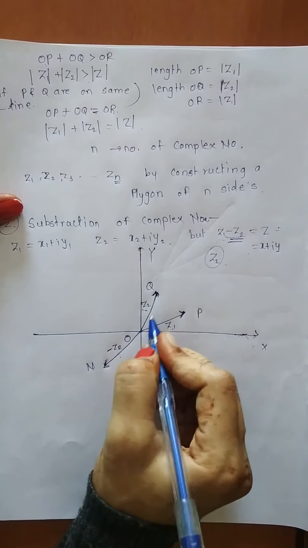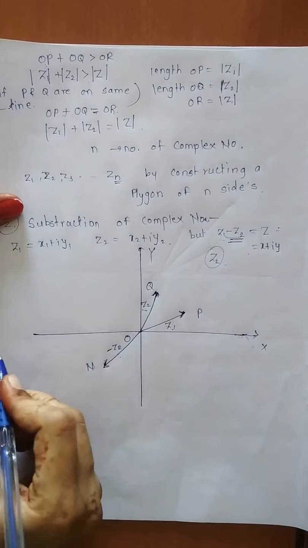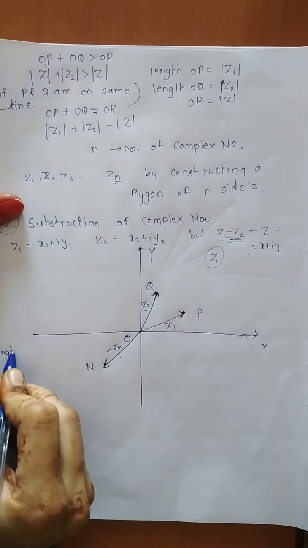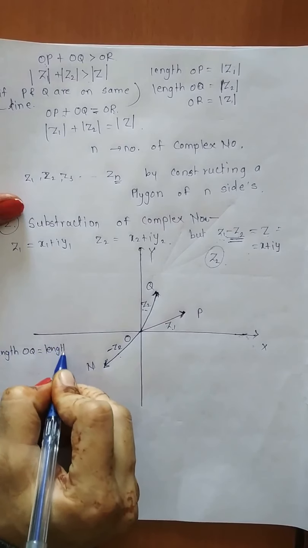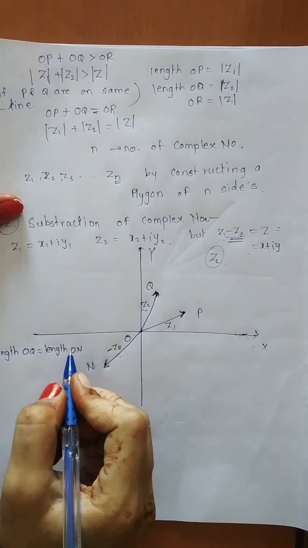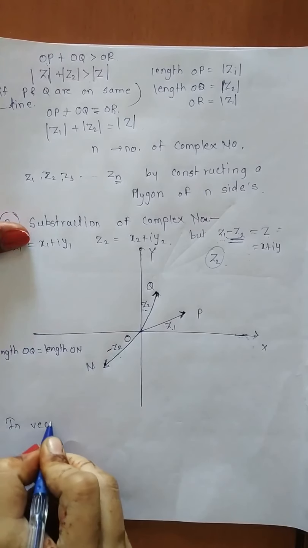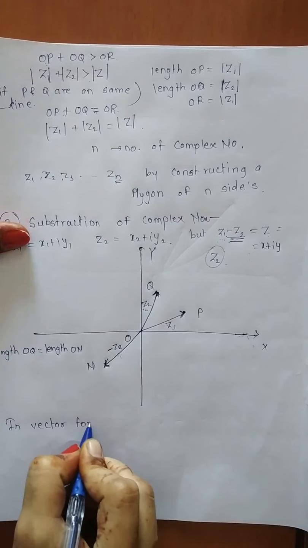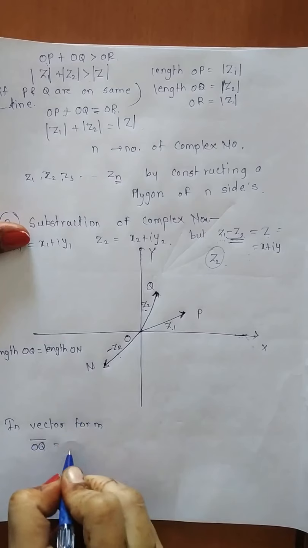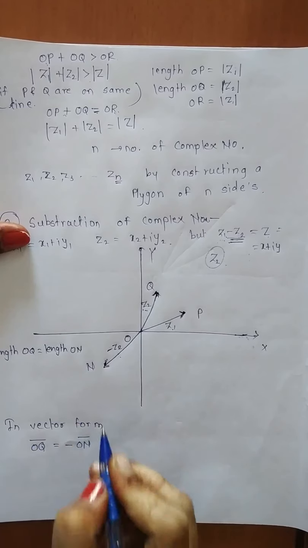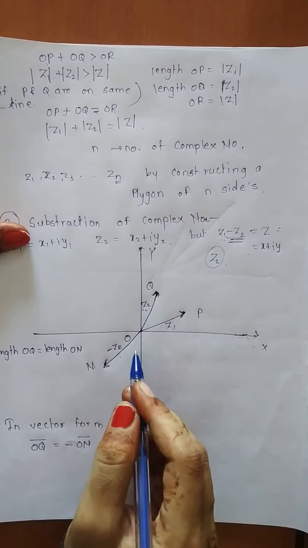That means this length OQ and ON are equal. Length OQ equals length ON. And if we are talking in vector form, vector OQ bar will be equal to minus ON bar, because these two vectors are in exactly equal and opposite direction.